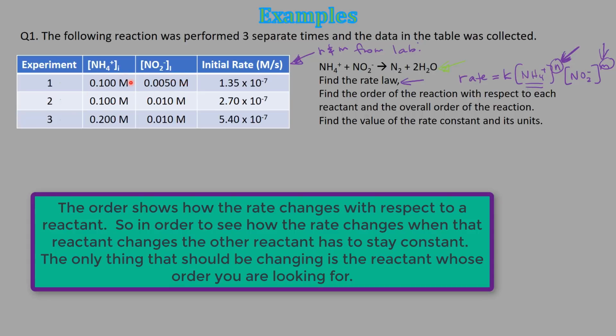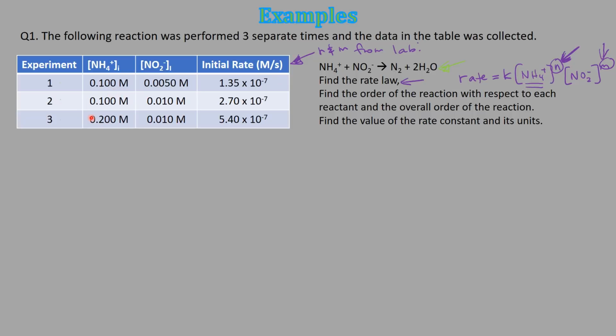Nitrite is changing, so that's not going to work. If I look at 1 and 3, ammonium is changing and nitrite is changing, so that's not going to work. If I look at 2 and 3, ammonium is changing, nitrite is staying constant. So that means that any change in the rate is 100% due to the change in concentration of ammonium, because this isn't being changed, so it can't affect the rate.